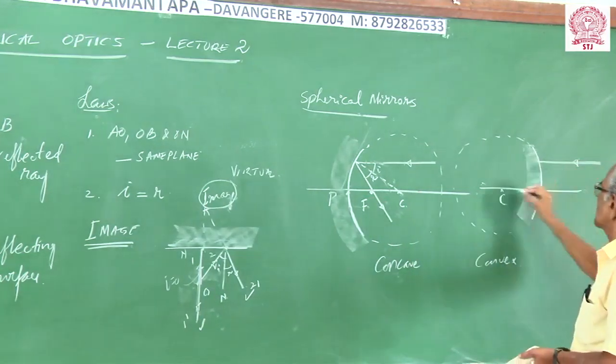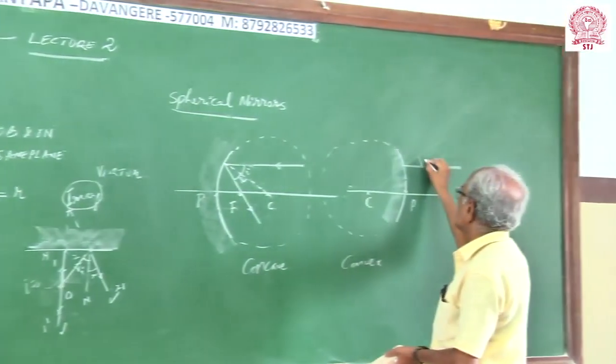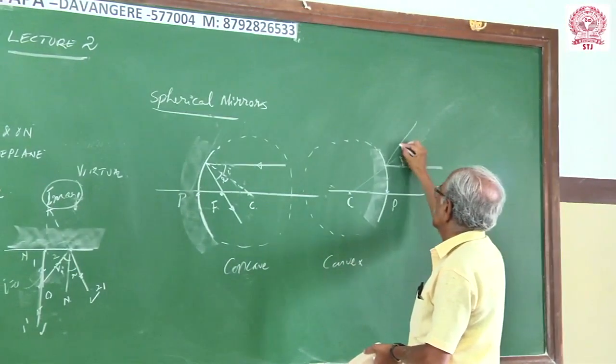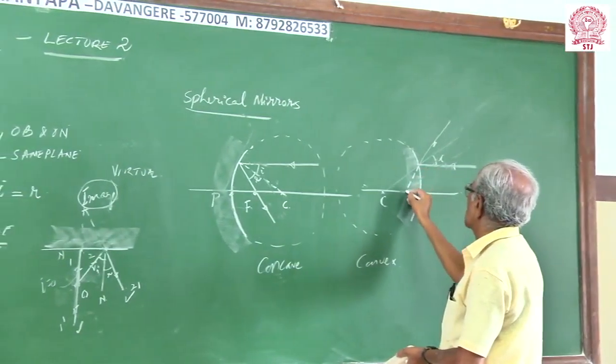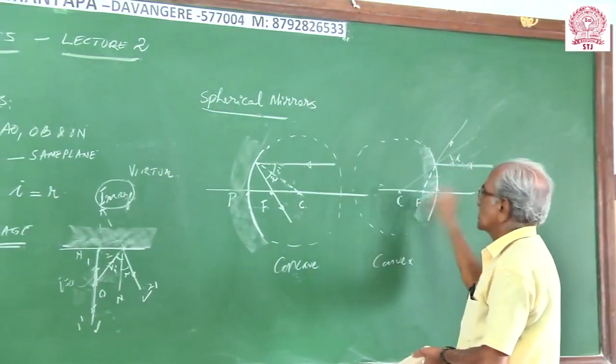Now similarly here, if I draw the normal, i, r, so this, when produced backwards, is called the focus.